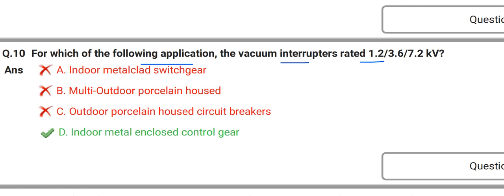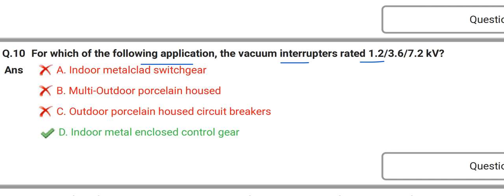So where can we use vacuum interrupters? In a utility power transmission system, in a power generation unit and power distribution systems, railways or furnace applications, industrial plants, indoor metal enclosed control gear. They are asking the question at an industry level.